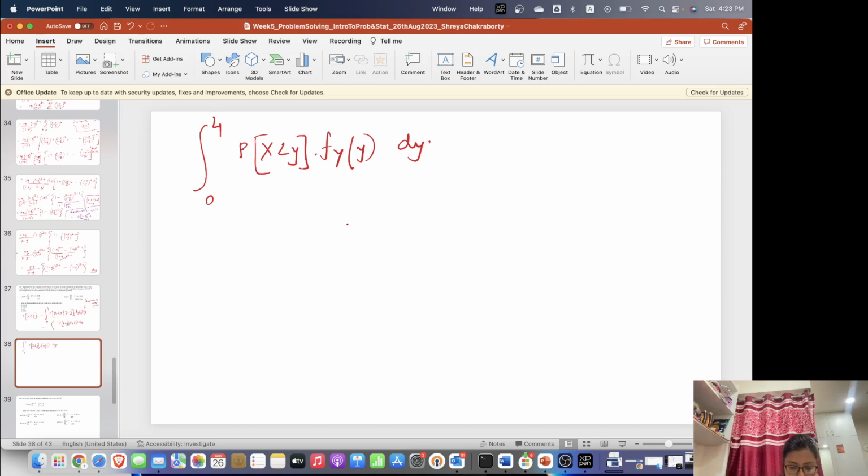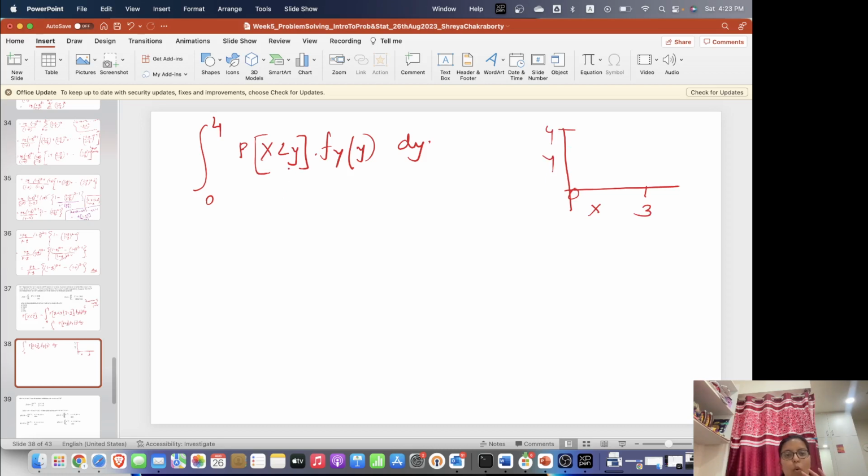So for this thing, x can range between 0 to 3, and y can range between 0 to 4.